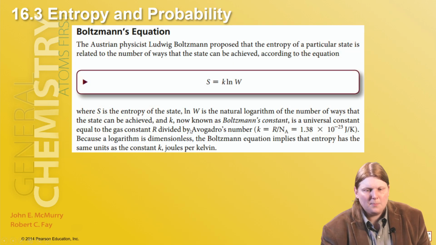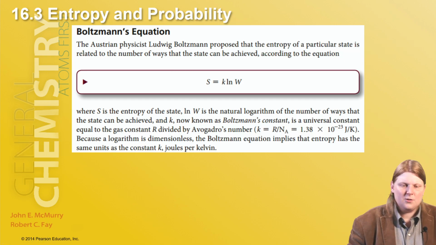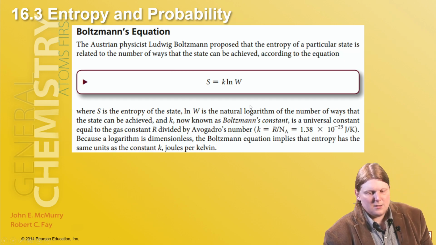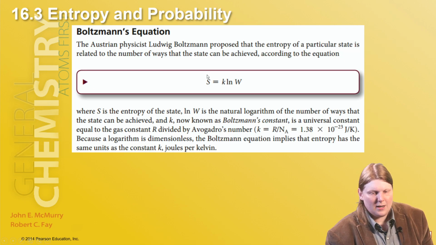So here they talk about the Boltzmann equation, right? What's interesting about Boltzmann is that he's interested in connections between things like temperature and different states, and in this case, entropy and different states. This idea is that entropy is related to the number of states that this particle could enter into.